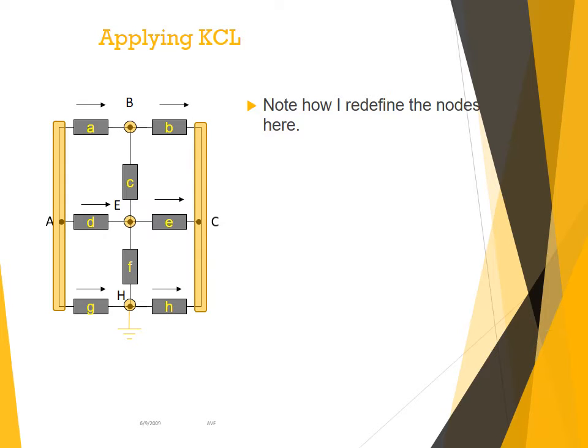And so the convention that I'm going to use, because in general I don't know in which direction the currents are flowing, is that I'm going to draw horizontal arrows from left to right and vertical arrows from top to bottom. And so again, this is the direction I assume the current is flowing. I don't know that the current is flowing in that direction. The other thing I have to do is name the currents.